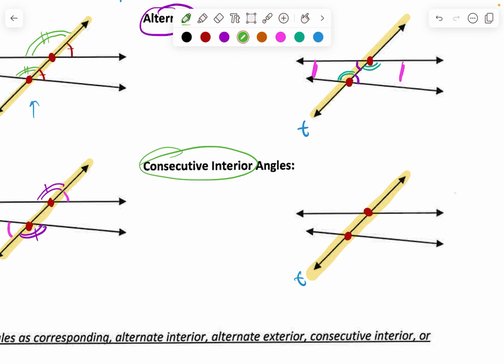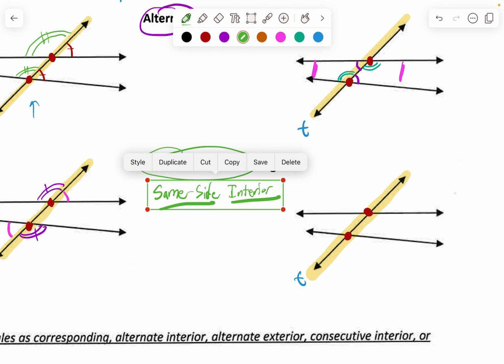Consecutive interior, or we're going to call it same side interior. They're going to be on the same side on the inside, so they're not going to switch, not alternate. You're going to want to write this down because I think it'll show up more like this than consecutive interior anyway.